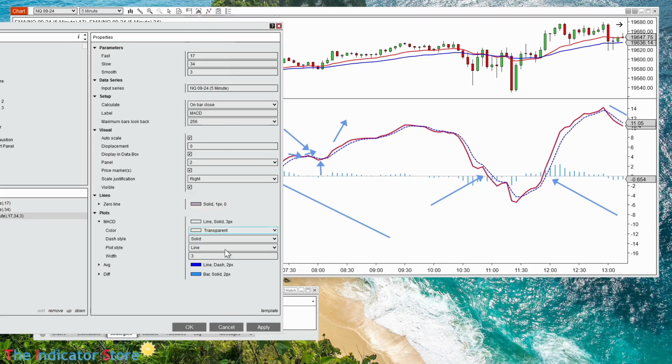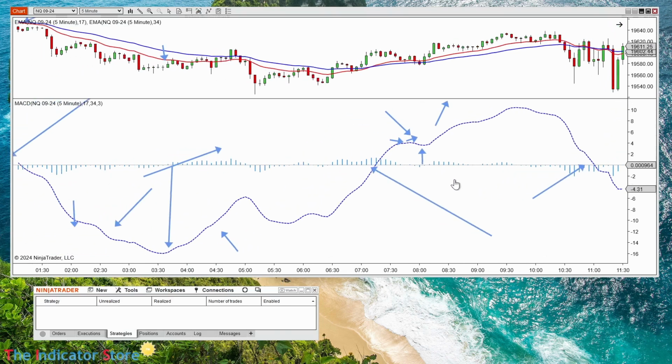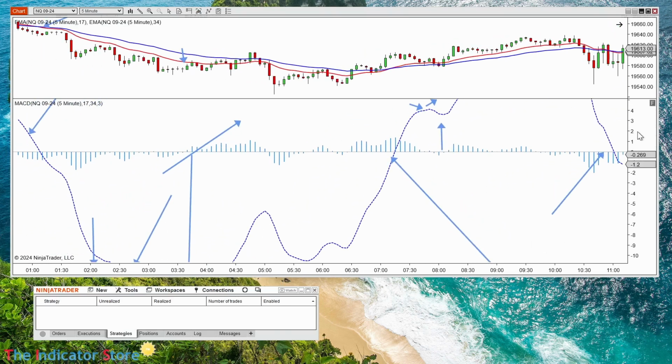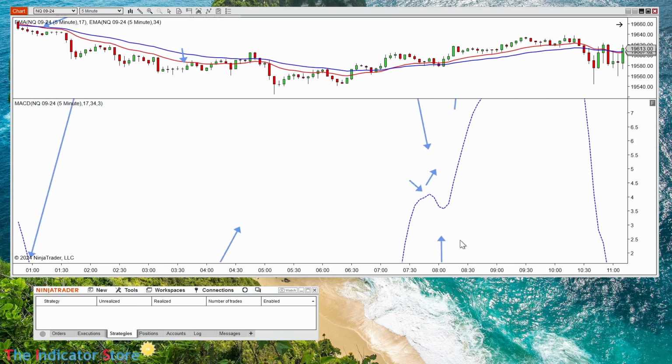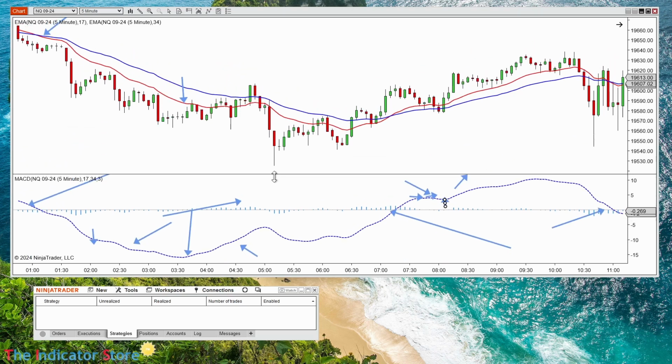Let's make it transparent. And now what we can see is a completely smoothed version of the same setup. So we don't have more noise, and this is the perfect moment to enter. So this is a very good signal using the indicator MACD.